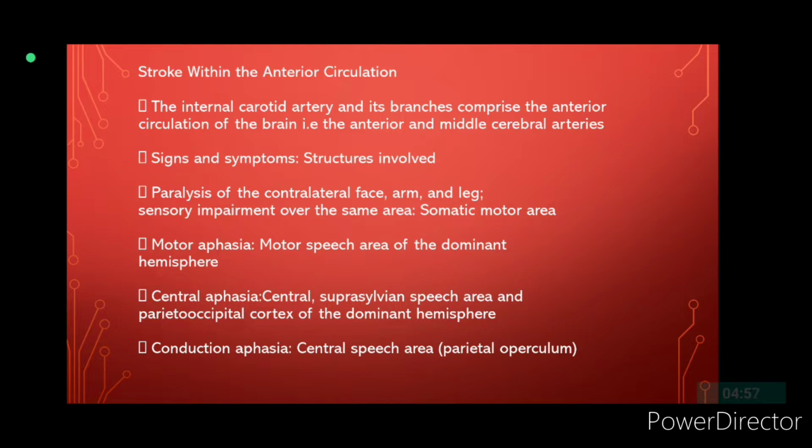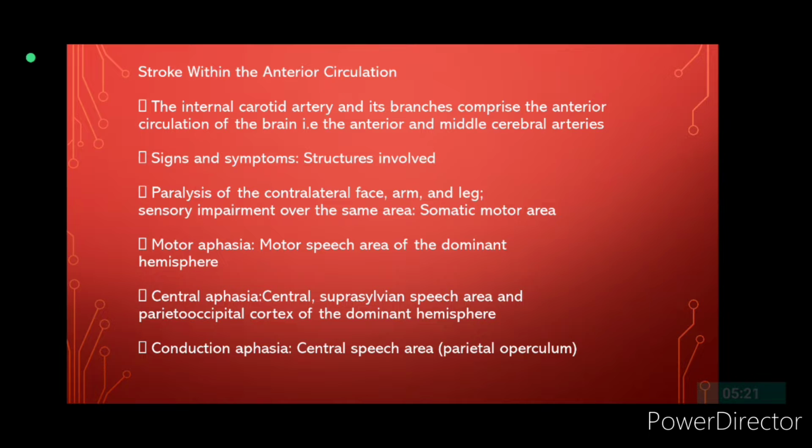paralysis of the contralateral face, arm and leg, sensory impairment over the same area. Somatic motor area.